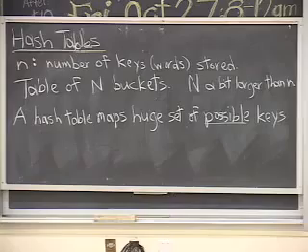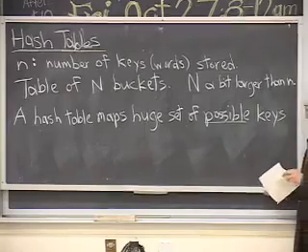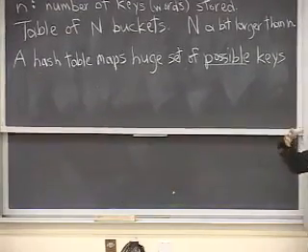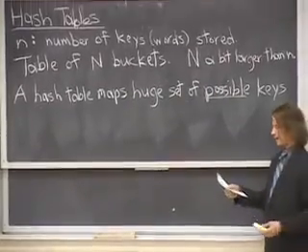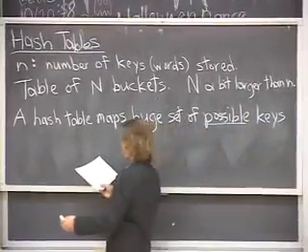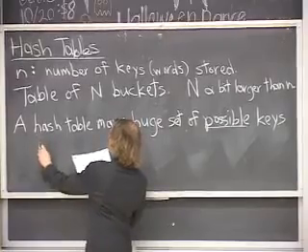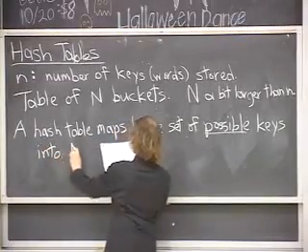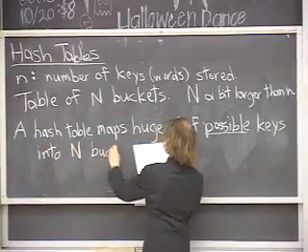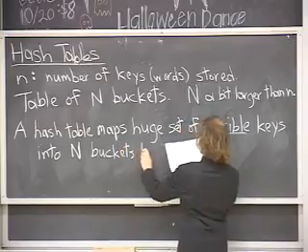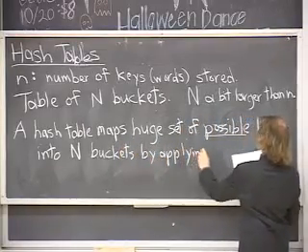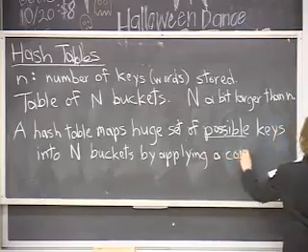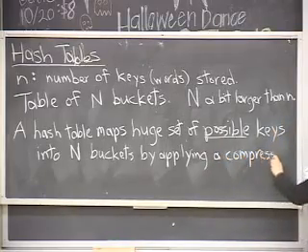So lots of possible keys are not English words. But there's this huge imaginary set of possible keys, but we're only going to use a few of them in practice. And so what we're going to do is we're going to map those into a much smaller number of buckets, capital N buckets, by applying something called a compression function to each hash code.